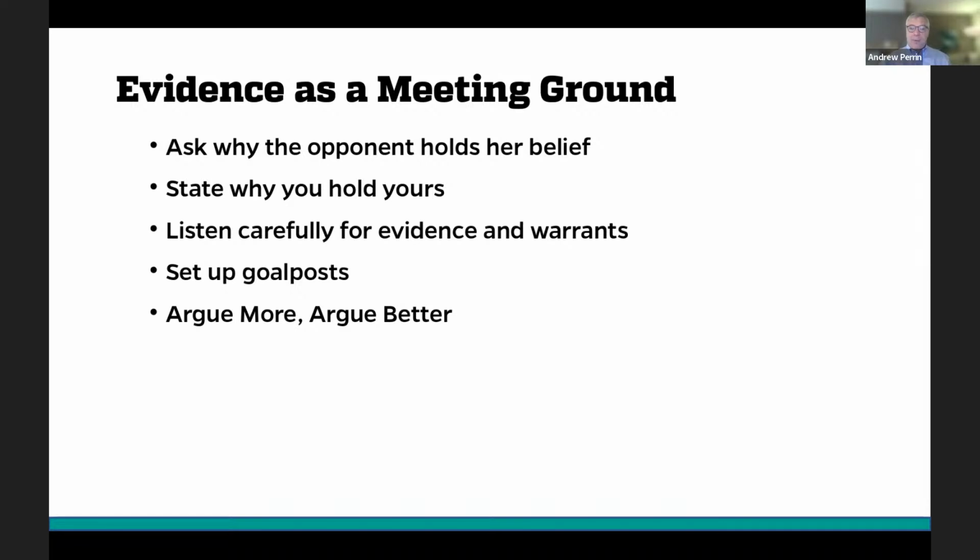Listen carefully, both for evidence and for warrants. I happen to like a particular technique, which I think of as setting up goalposts. In the social science world, we think about this as pre-registering hypotheses. But to say ahead of time to an opponent, if I could convince you of the following three facts, would that change your position on this? And then they can say no, of course.